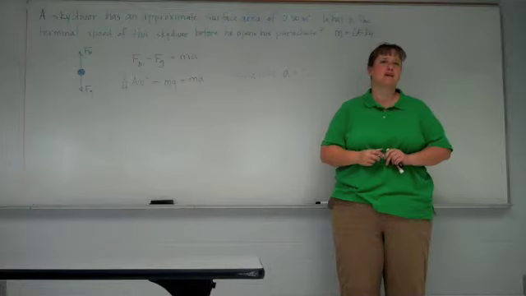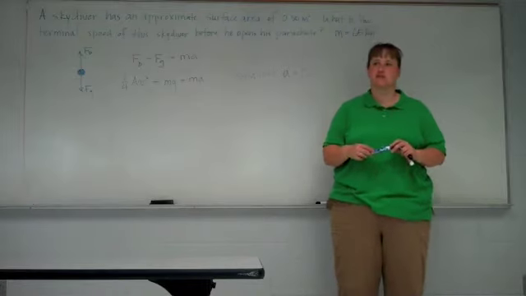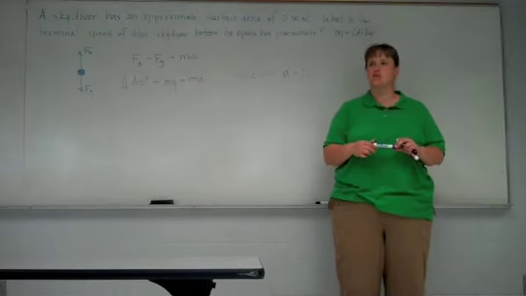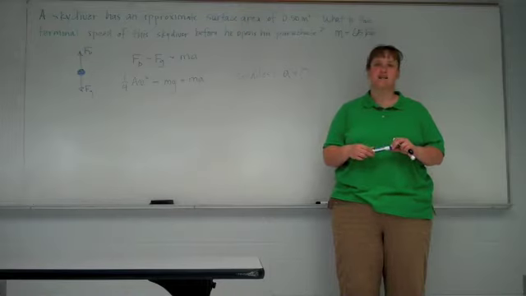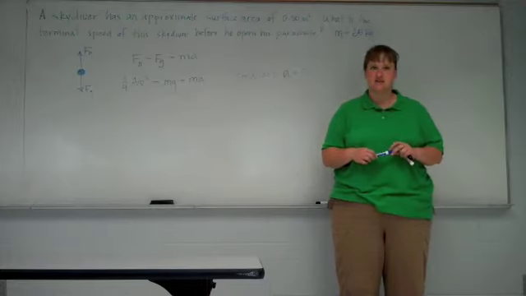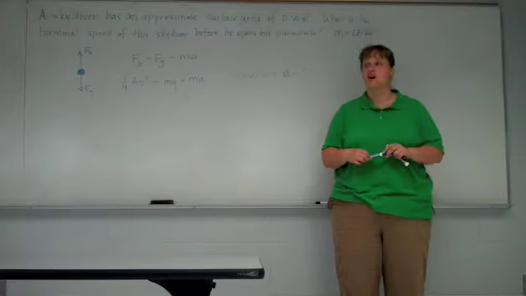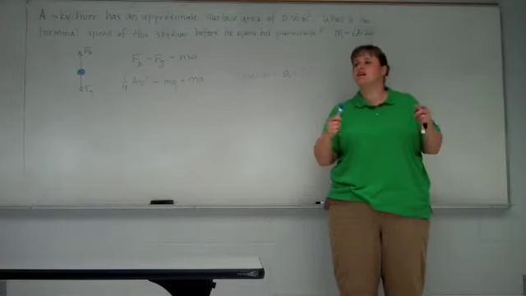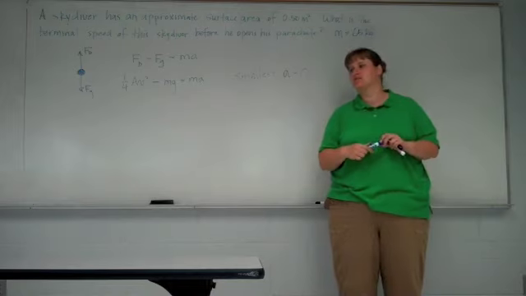So what will that mean for the skydiver's motion if his acceleration is 0? What can you tell me about his motion if his acceleration is 0? It's a constant velocity. It cannot change. Which, yes, is why it's called terminal velocity.